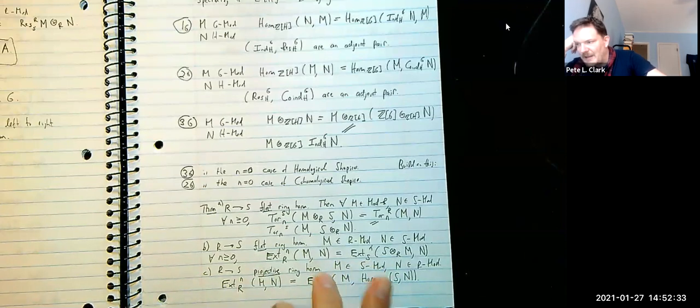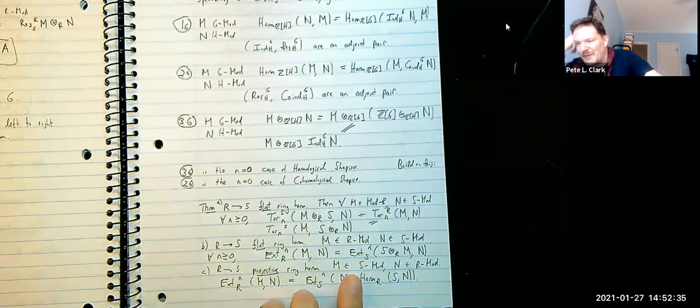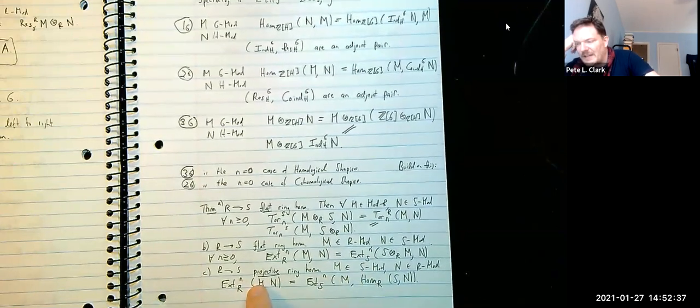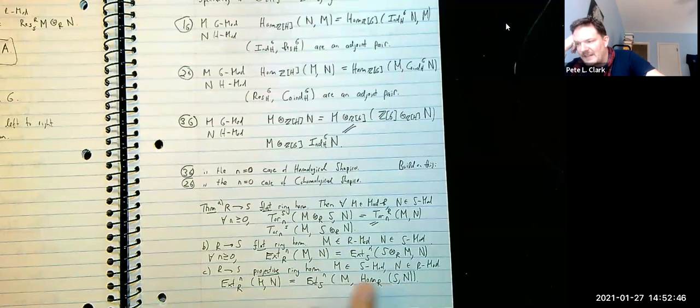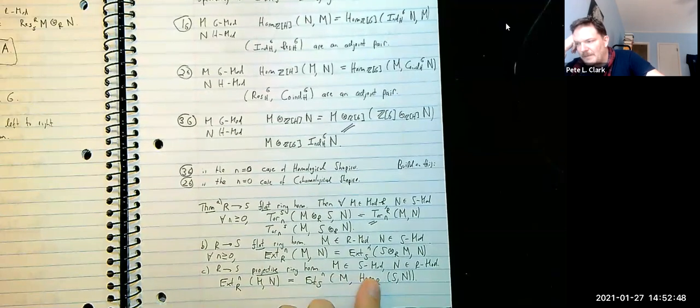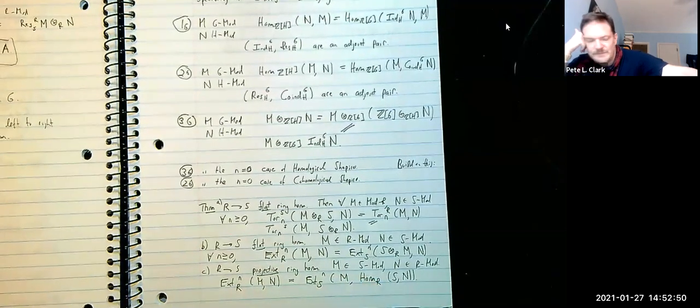And so here I get that the Ext over ZH of m into n is the Ext over ZG of m into the co-induced module, which again, accepting only that I unfortunately switched what I said about m and n, is what I have here. Okay.